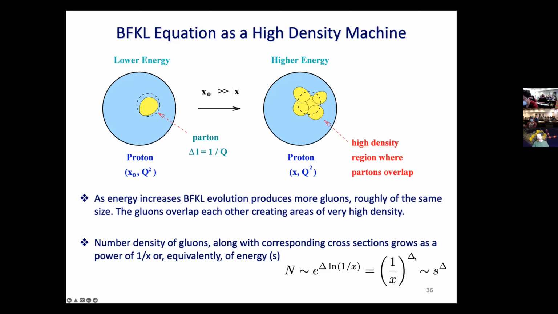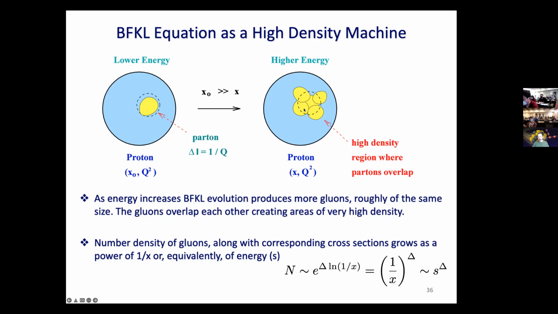So the solution of the BFKL equation is just this power of 1 over x, so a power of energy growth of the cross sections, or a power of 1 over x growth of the PDFs, and a power of energy growth of the corresponding scattering cross section. Because if I scatter something on this proton, now it has a lot more gluons than when we started at larger x, at lower energies.